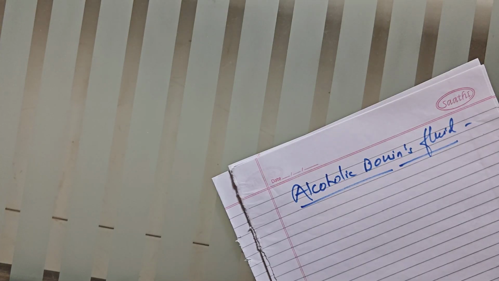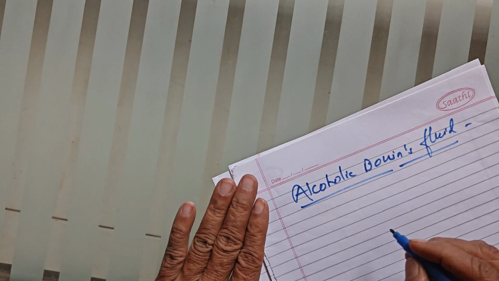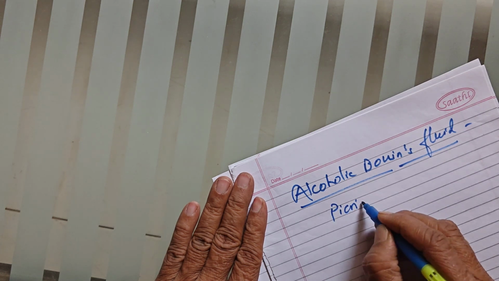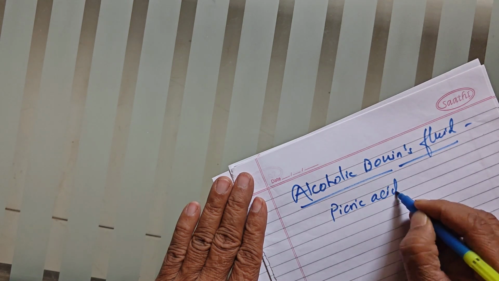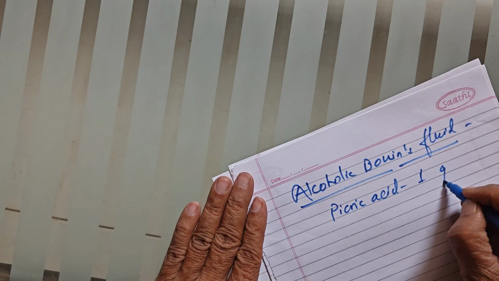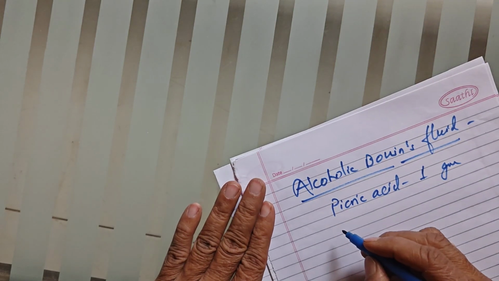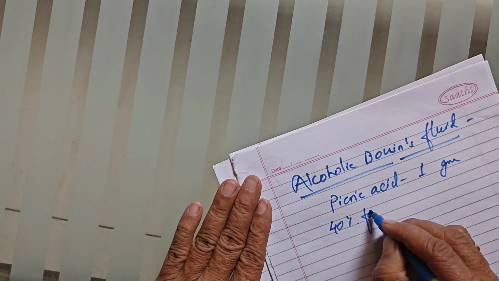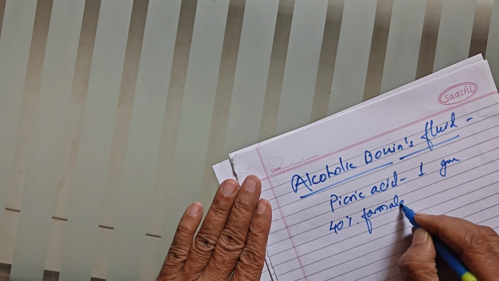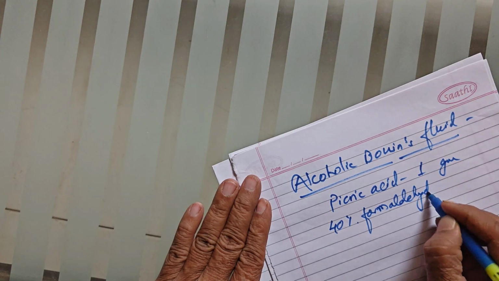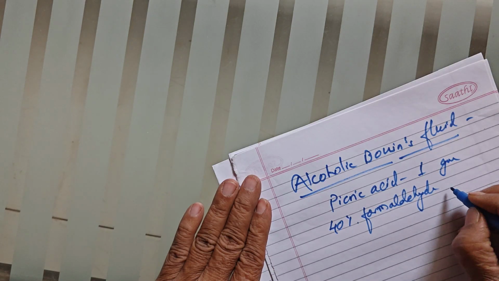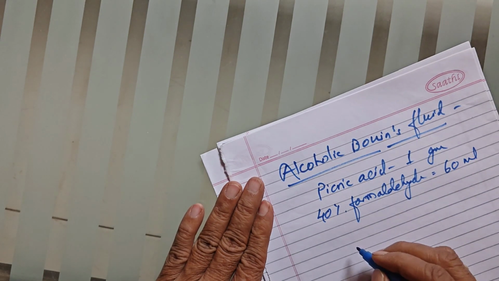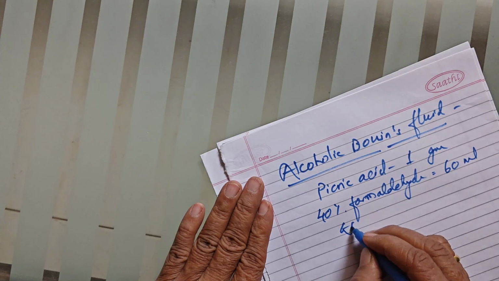For that purpose, take 1 gram of picric acid, then 40% formaldehyde, 60 ml, then take glacial acetic acid.